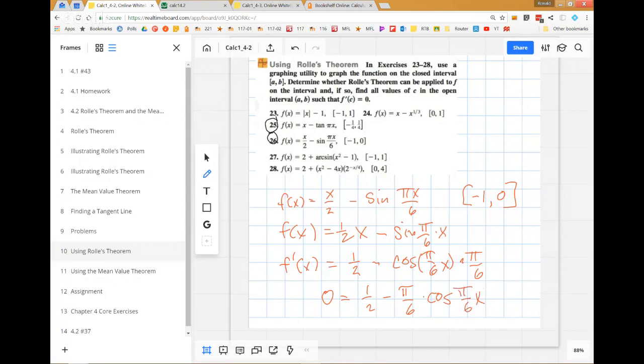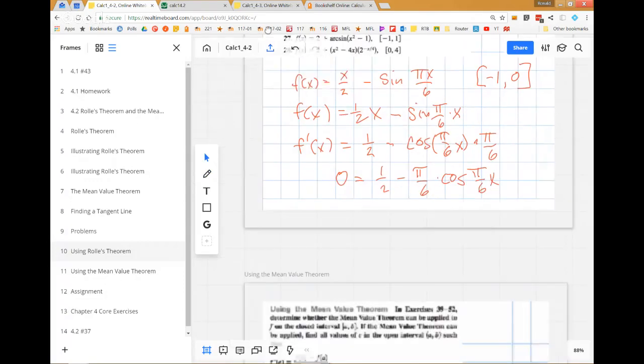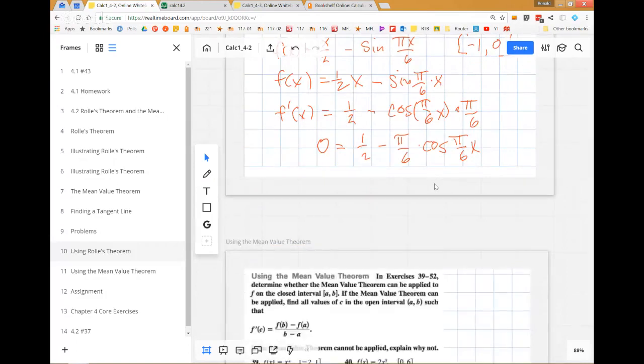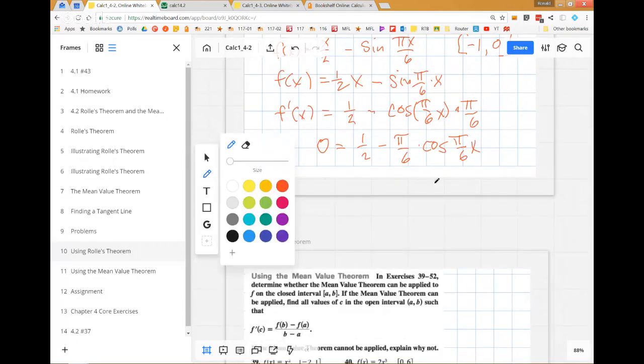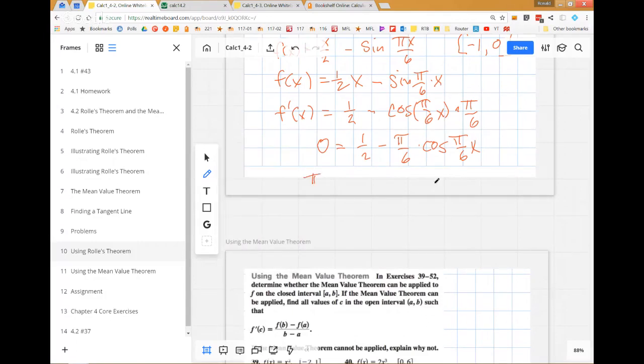Okay, so go a little further here. See if I'm going to have space. So let's add pi over 6 times cosine.